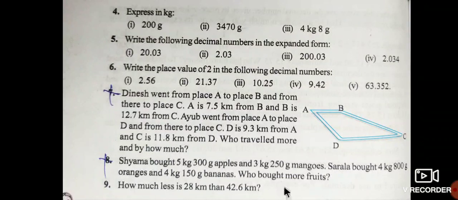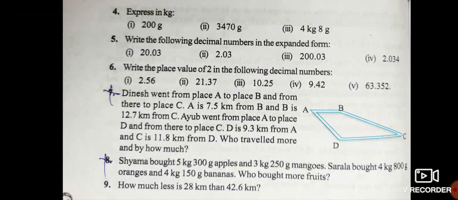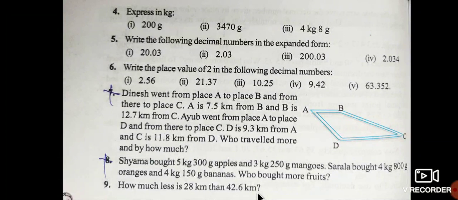You should write first 42.6 kilometer, and next you should write 28. That is before the decimal point. Below 2 you should write 8, and below 4 you should write 2. That becomes 28.0. Above is 42.6, below this one is 28.0. You should subtract those two, then you get the answer.